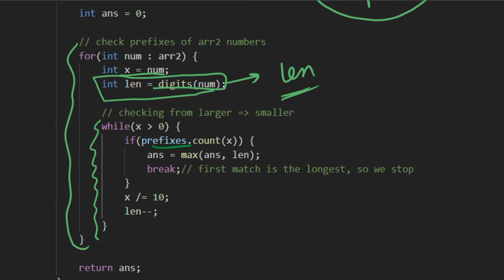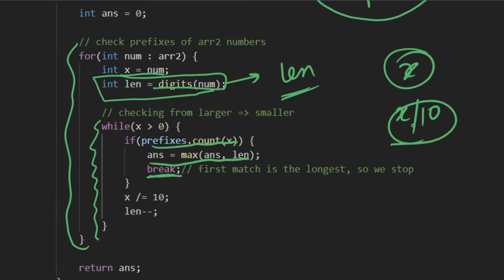If the full number is present in the hash set, then we store the answer as max of answer and length, and once we get a match, we break the checking of that number. If we do not get the full number, then we remove the last digit and check again, and we keep checking until either our number becomes 0, or we get a match.